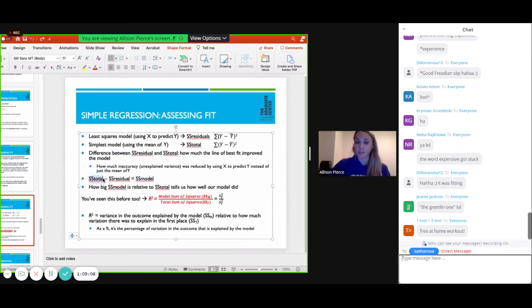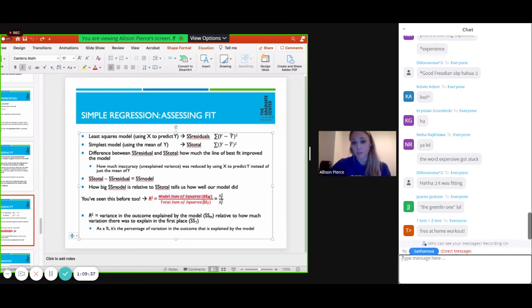So using the mean minus using our predictor gives us how much our predictor improved our model. And so essentially we're just comparing the base model, or SS total, with our residual, or our model with a predictor in it. And when we compare those two, that's going to give us an F statistic, because this is just an ANOVA. It's just a different perspective on ANOVA.